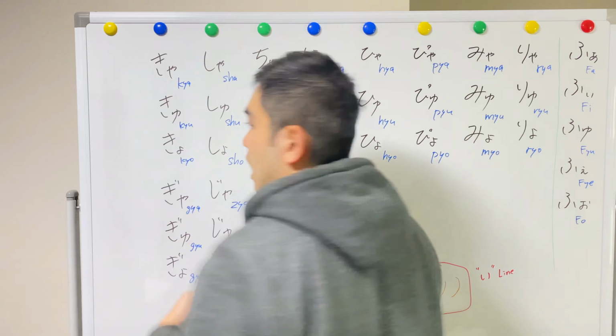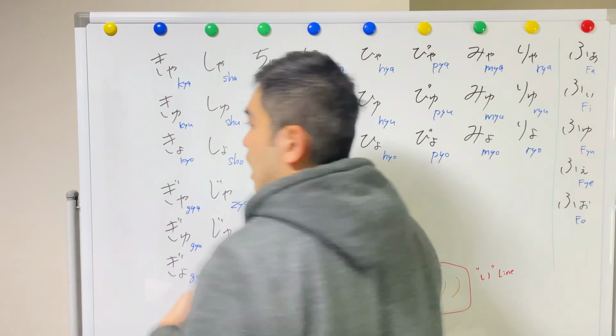But if I say half voiced sound, it doesn't make any sense. And it only appears on this row of hiragana, which is ha, hi, fu, he, ho. You can write like this: pa, pi, pu, pe, po. This small circle only appears on this ha row of hiragana.